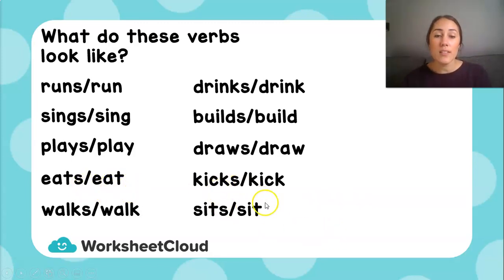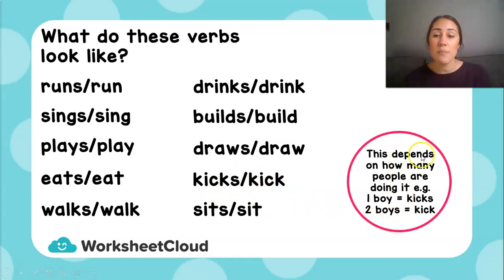Now, these different versions of the verbs, these versions depend on how many people are doing it. So if there is one boy, he kicks the ball. But if there are two boys, they kick the ball.